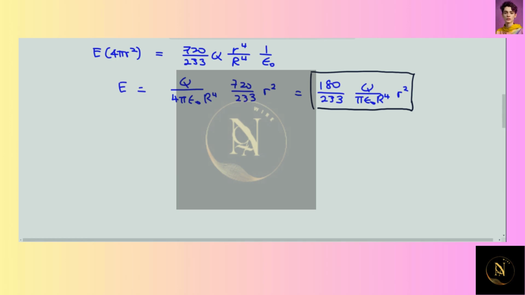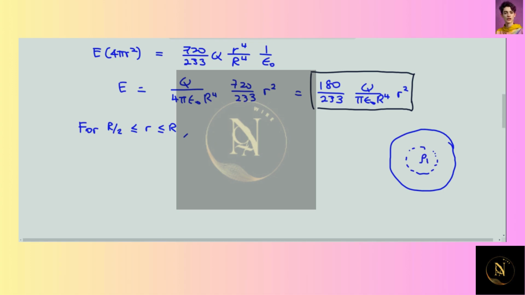Now we want to do the E field in the second region, for the region between R over 2 to big R. Just to remind you all, this is the spherical charge distribution to radius R. And then we have two regions.